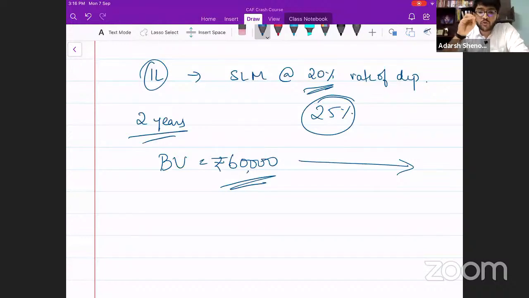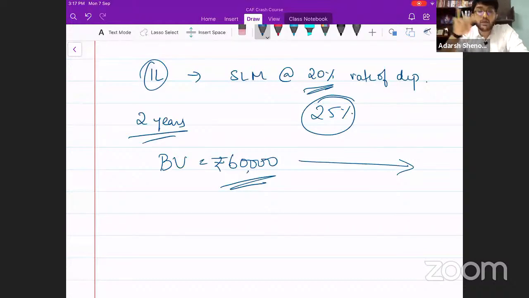If I was following the retrospective method, I would have to restate or revise my book value. What is my book value right now after charging depreciation? 60,000 rupees. If I had to do it retrospectively, we would calculate the book value as per the new method starting from the beginning.